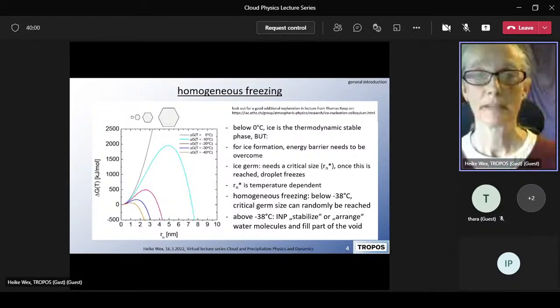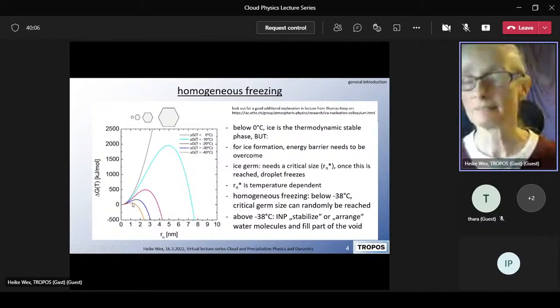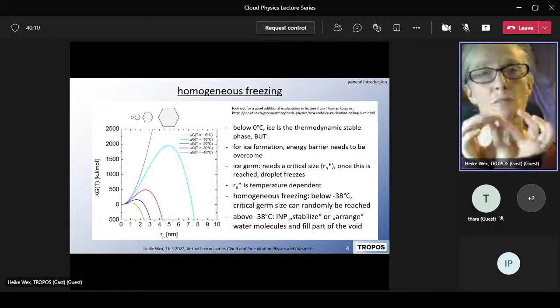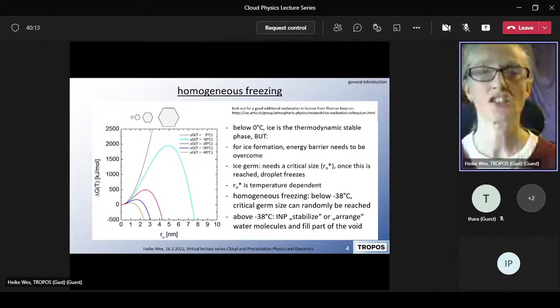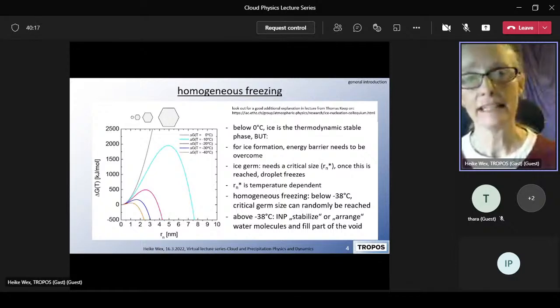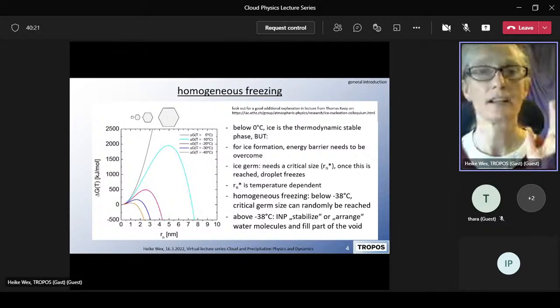And such big ice embryos just never occur randomly in nature. Only at roughly minus 40, minus 38 degrees Celsius, this critical ice embryo is so small that a water droplet in nature will freeze on its own. So that is why we need an ice nucleating particle to make ice between 0 and minus 38 degrees Celsius.